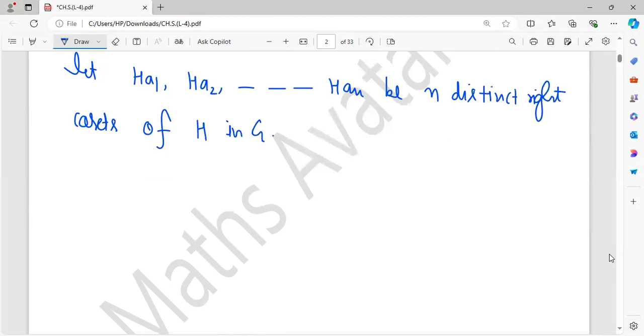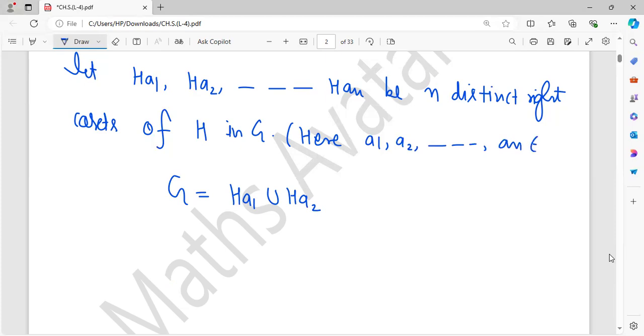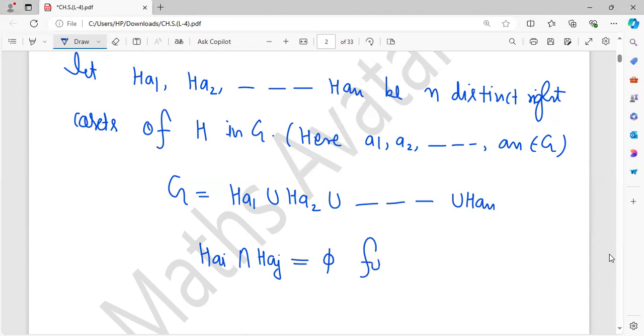So G is equal to Ha1 union Ha2 up to Han, where a1, a2, up to an are in G. Here Hai intersection Haj is empty for i not equal to j.